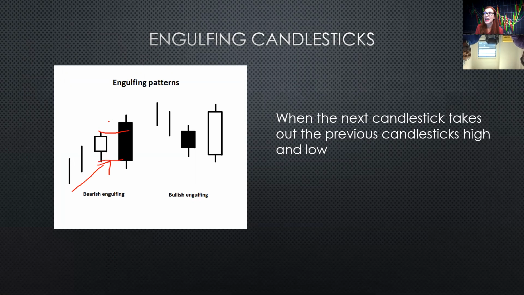But we have the candlestick and it's taken out the high and the low. It's the Big Mac compared to the hamburger. It's much bigger and it takes it all out, right? And so we close below this candlestick here. There's more selling pressure, right?